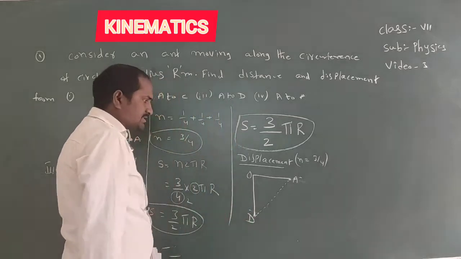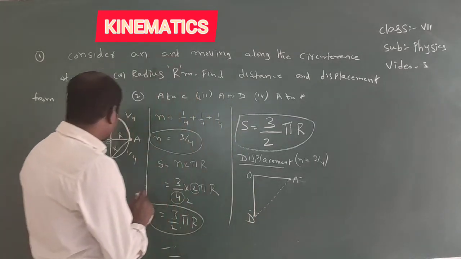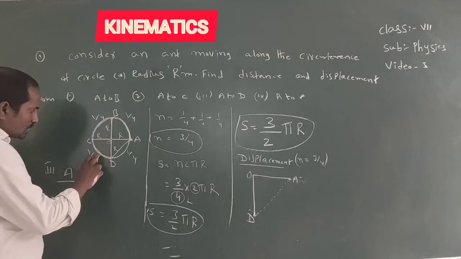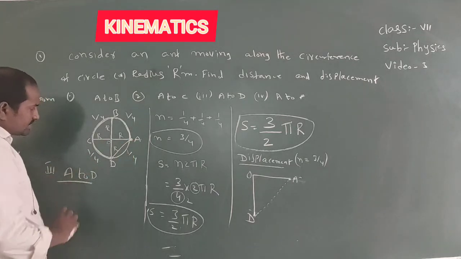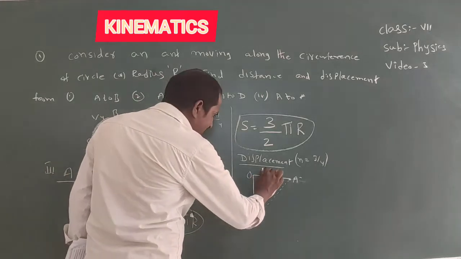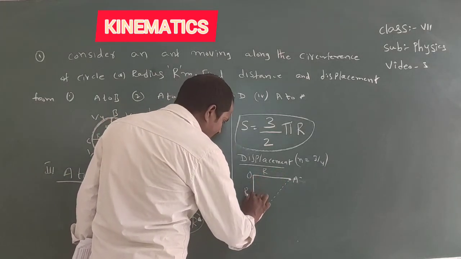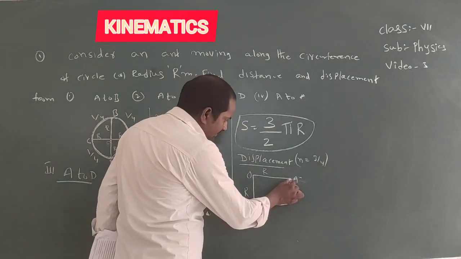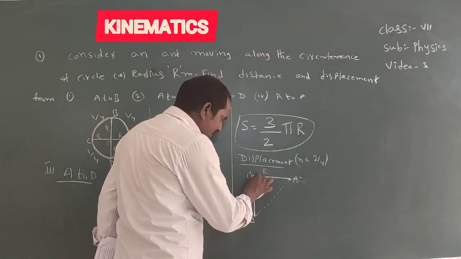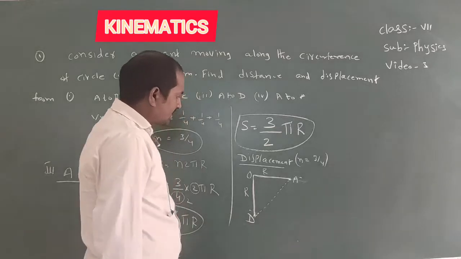Once observe the diagram, O to D is also radius r, A to O is also radius r. From this diagram, it looks like a triangle, a right angle triangle.